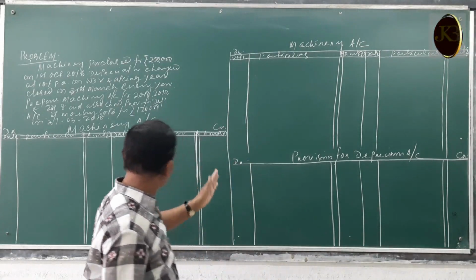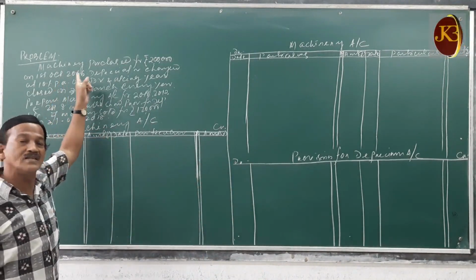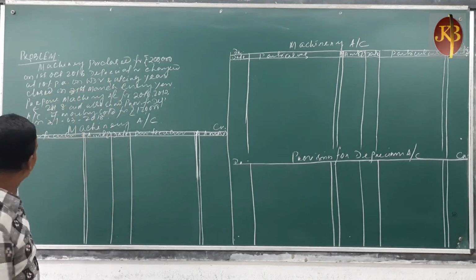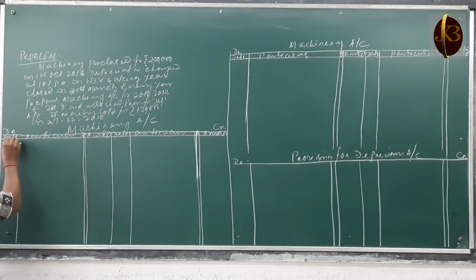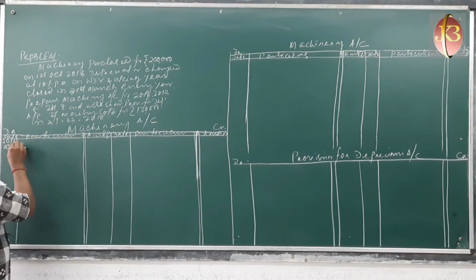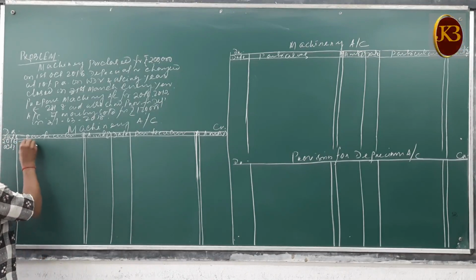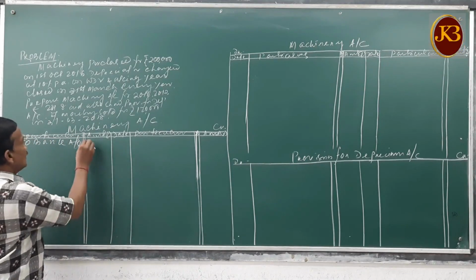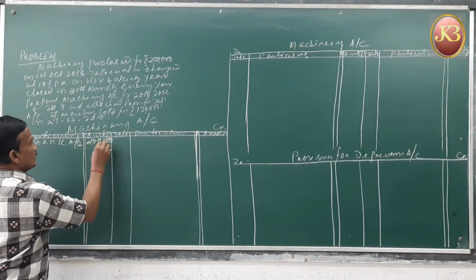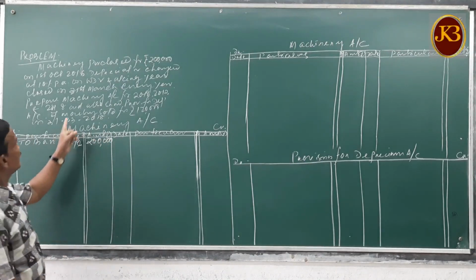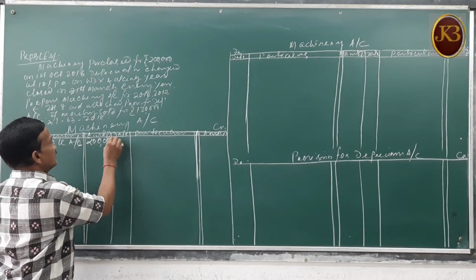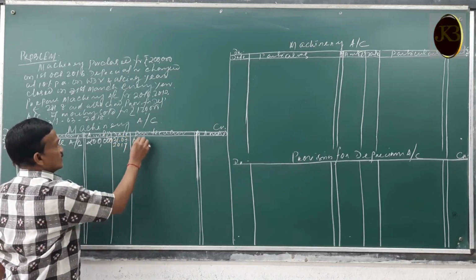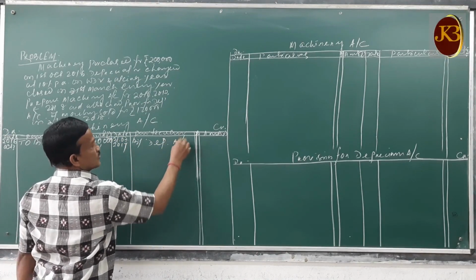Okay, so the same problem: machinery purchased on 1st October 2016 for 2,00,000 rupees. That is the first entry, to bank account, machinery purchased for 2,00,000 rupees. The accounting year ends on 31st March every year. That is 31st March 2017. Depreciation is charged by depreciation account.